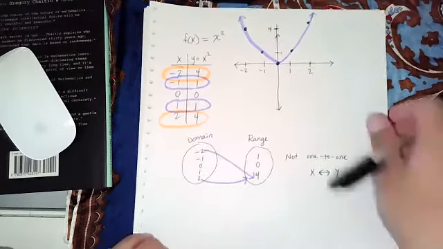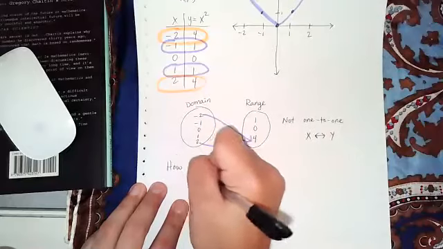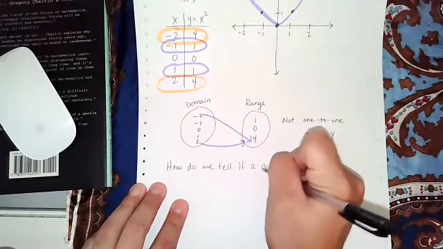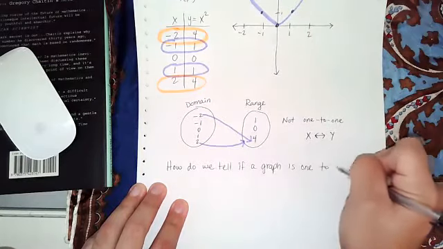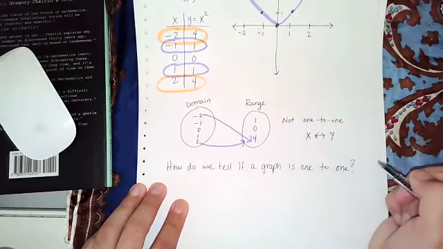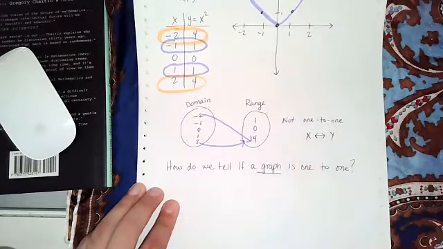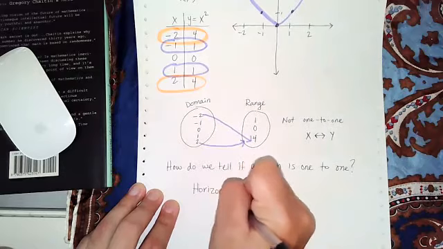Okay, so we're going to introduce how do we tell if a graph is one-to-one. So if we're given the graph and we want to answer this question, we're going to introduce something called a horizontal line test.